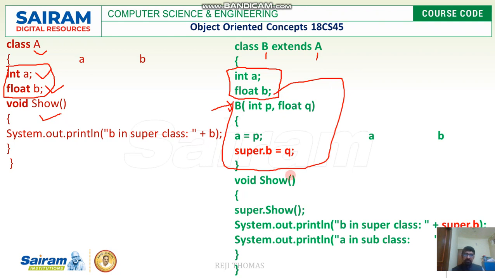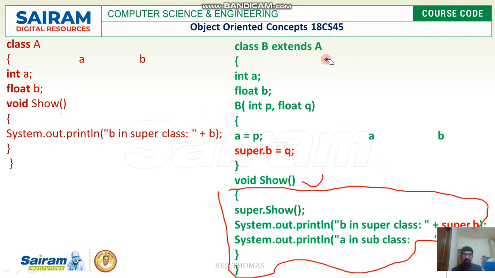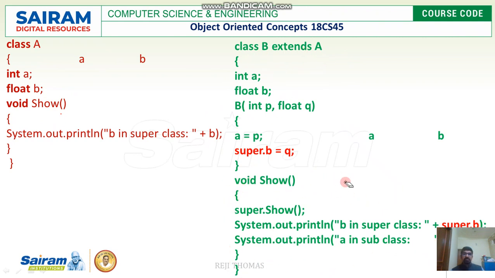And it has got a method called show, and we are again not worried about what this show method does at this stage. Okay, so let me repeat. As of now we have got two classes. One is class A, the other one is class B, and class A is the superclass and class B is the subclass. And both class A and class B have got the same instance variables, right?